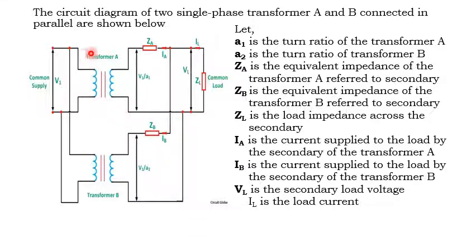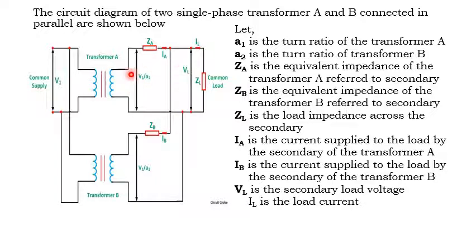Let us consider this is transformer A and transformer B. Both the transformers are connected in parallel in such a way that both transformer primaries are connected to the common supply of voltage rating V1, and both transformer secondaries are connected to the common load of voltage rating VL, and both transformers have some turn ratio.